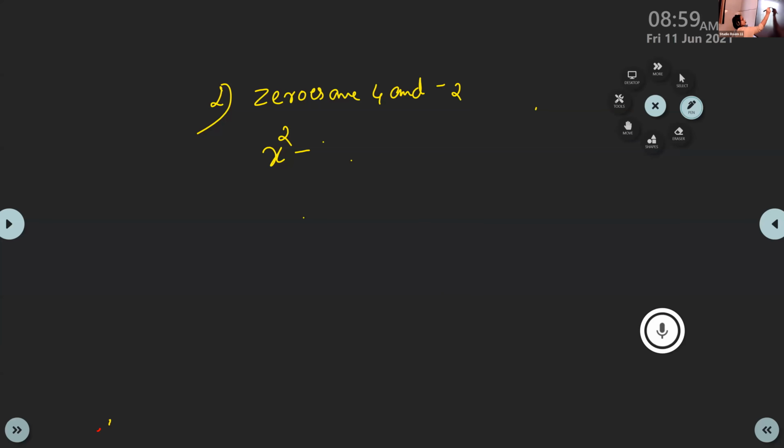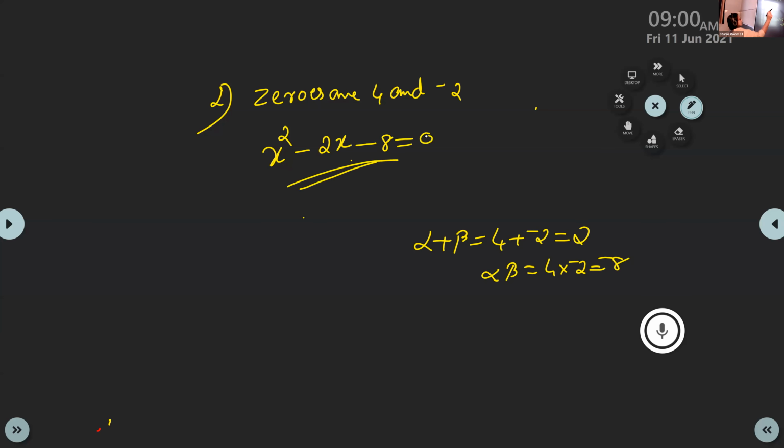Alpha plus beta is 4 plus minus 2, which is 2, and alpha beta is 4 into minus 2, which is minus 8. So x square minus 2x minus 8 equal to 0, or p of x equal to x square minus 2x minus 8. Okay.